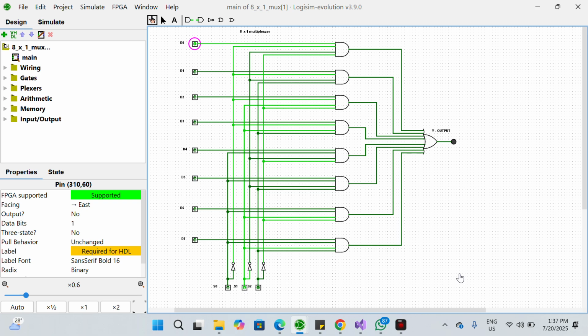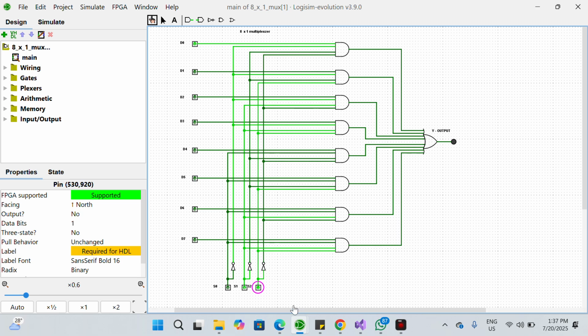So this is how it works. The select lines S2, S1, S0 form a 3-bit binary number that determines which input, D0 to D7, is selected.